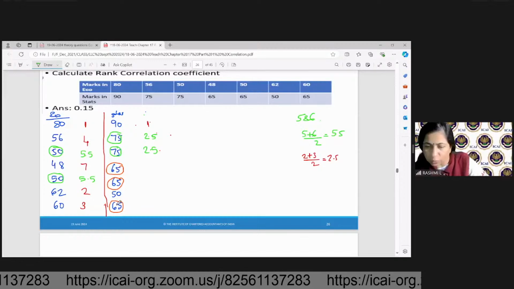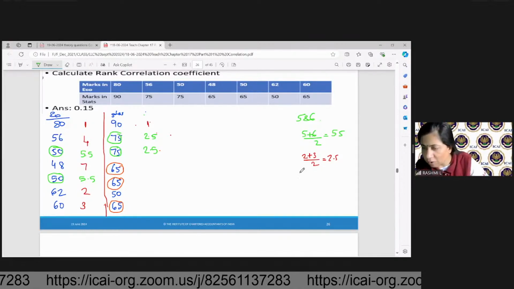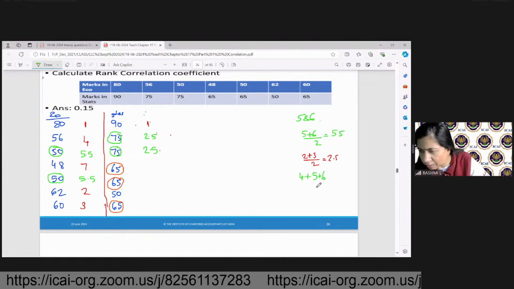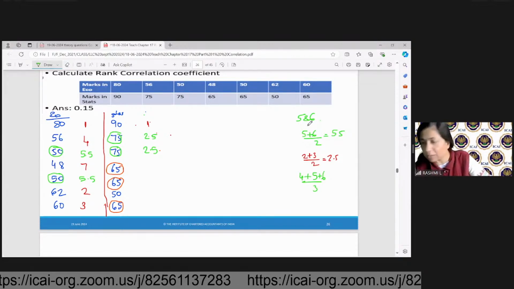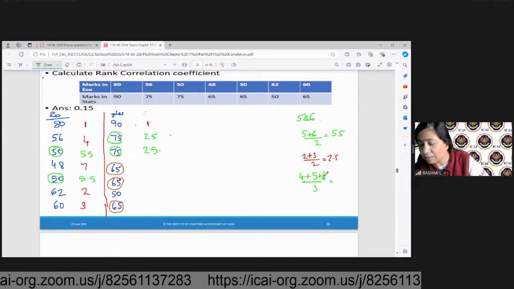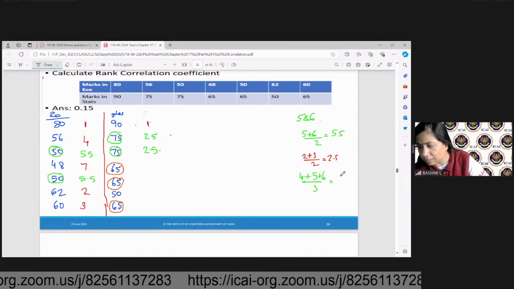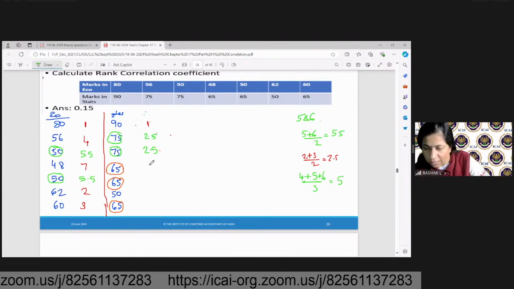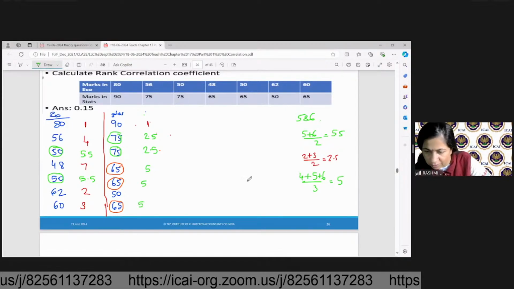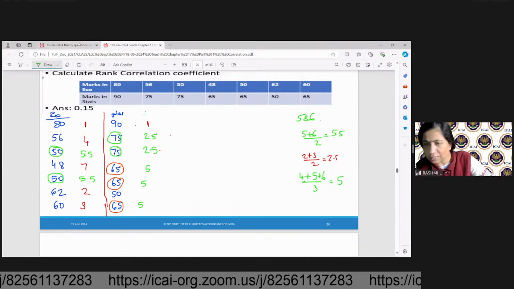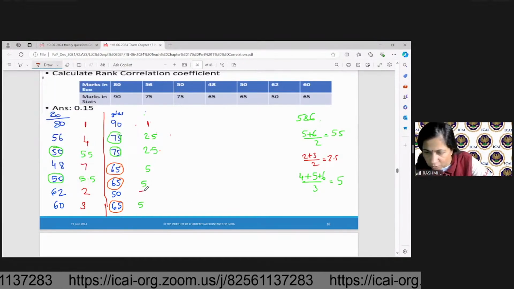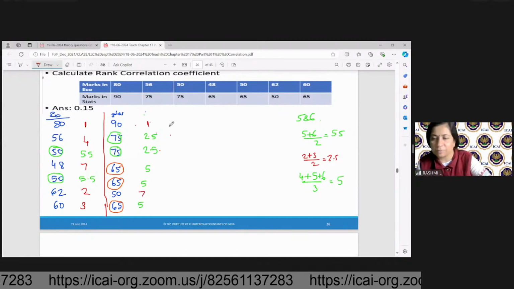Now 1, 2, and 3. So 3 has gone. 4 plus 5 plus 6 divided by 3, because 65 is repeated 3 times. So 4 plus 5 is 9, 9 plus 6 is 15, upon 3 is 5. So this will have a ranking 5, 5, and 5. Now 4, 5, 6 has already gone. Remaining is 7, so this 50 is going to get rank 7.